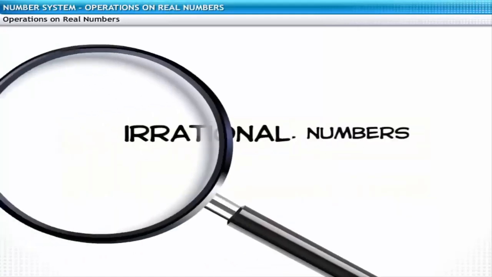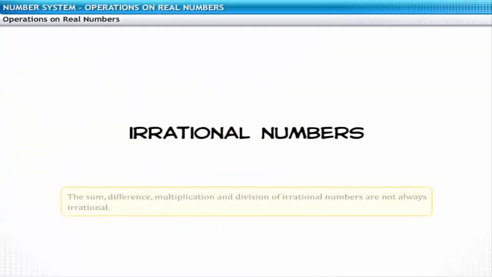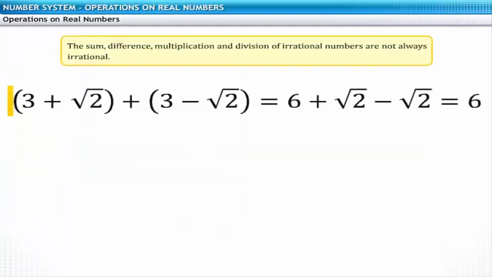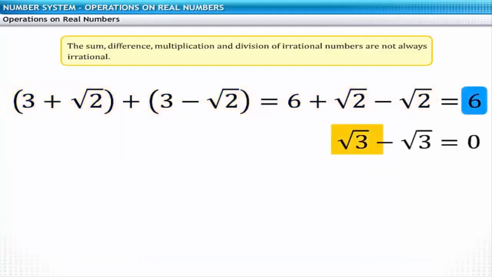But this is not the case with irrational numbers. Let's have a look. On adding 3 plus the square root of 2 and 3 minus the square root of 2, we get 6. On subtracting the square root of 3 from the square root of 3, we get 0.